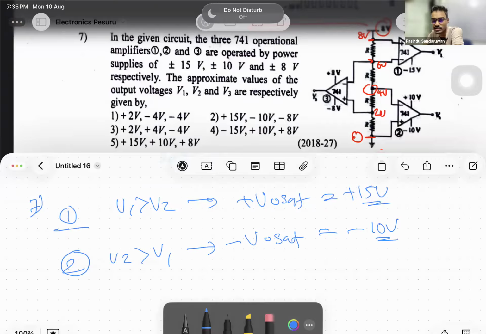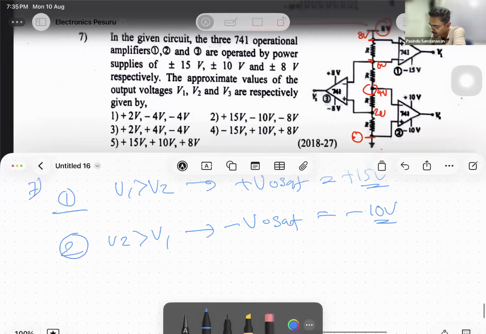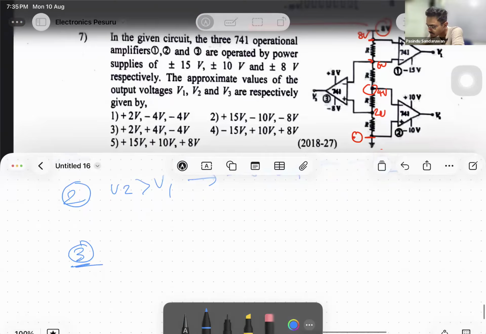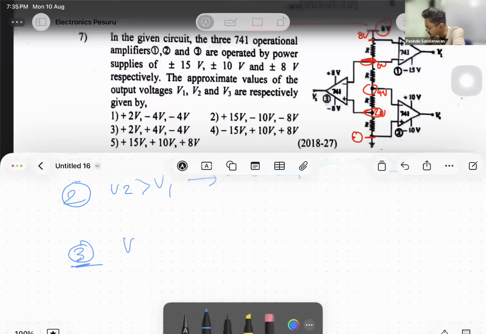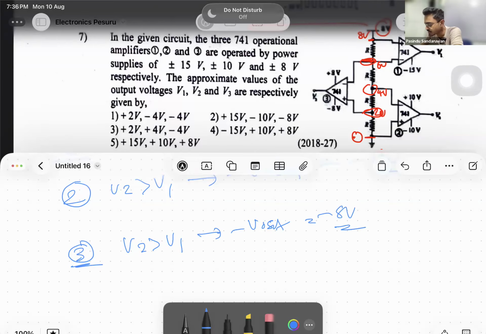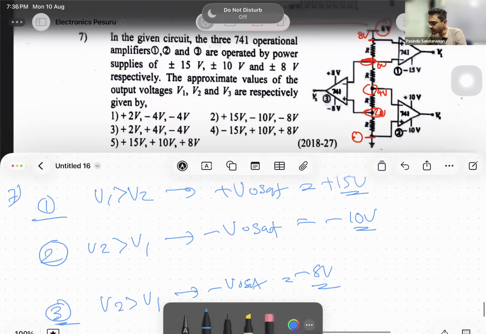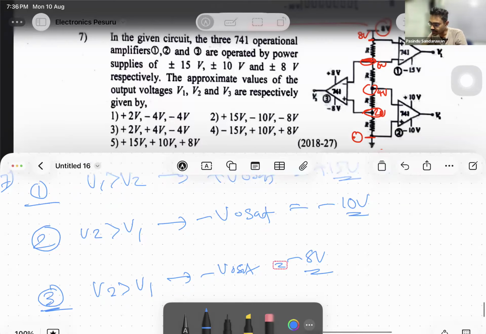Its operating voltage is 10, the supply voltage. For the third one, V2 is taken from 6 and V1 is taken from 2. There also, V2 is greater than V1, negatively saturated, minus V out set, then minus 8. Then it is plus 15, minus 10, minus 8. It is 2. Easier.